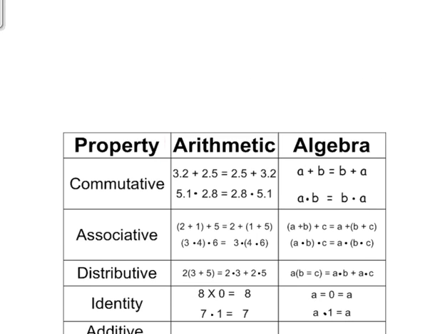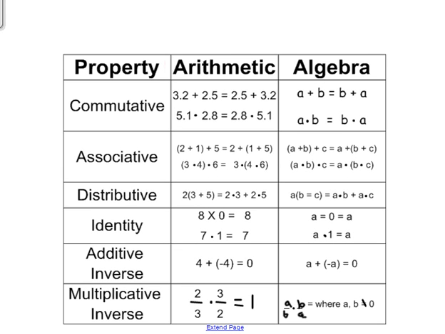A little bit about some of the rules that we've learned over the past. This is just a review. Remember the commutative property in arithmetic. I've switched the order from one side to the other, and anytime we switch the order, it is the commutative property. 5.1 times 2.8 is the same thing as 2.8 times 5.1.